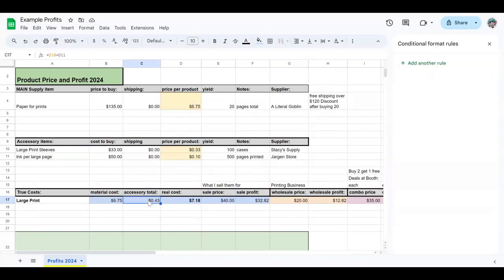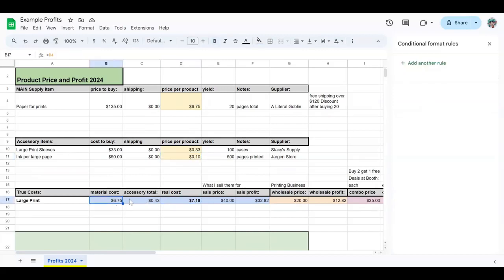Then your accessory total, which is the same thing, just all the boxes that have to do with your accessories. So this is these two boxes right here. So I have equals D10 plus D11, which are these guys right here, because you need to add them up to get your true cost for all the random stuff that goes into having a print exist.